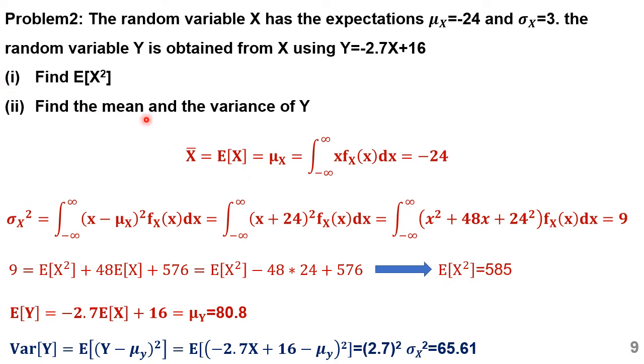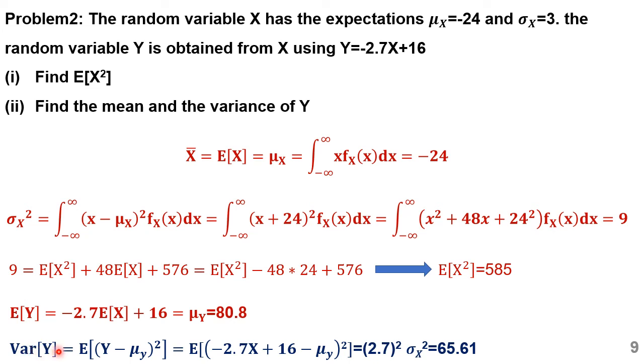Next, we need to find the mean and the variance of y. So E of y is equal to minus 2.7 E of x plus E of 16. That gives you minus 2.7 E of x plus 16. That is equal to mu y. E of x is given as minus 24. So minus 24 into minus 2.7 plus 16, that gives you 80.8.